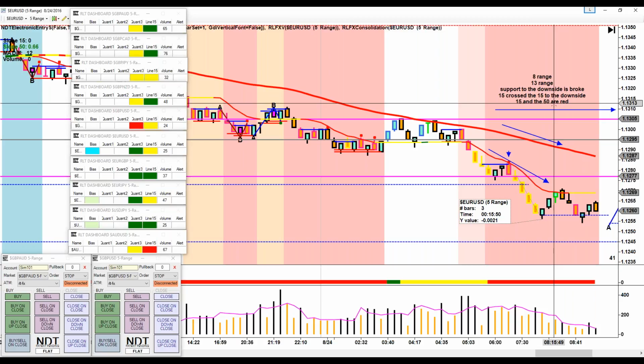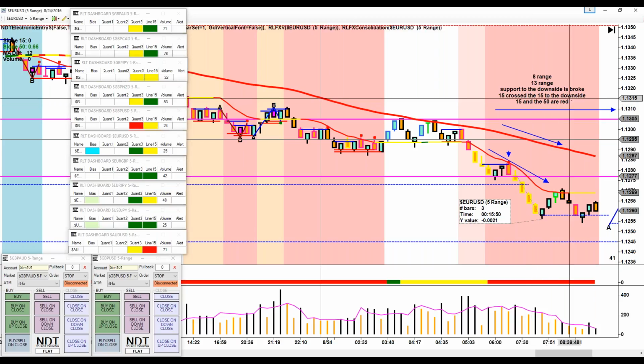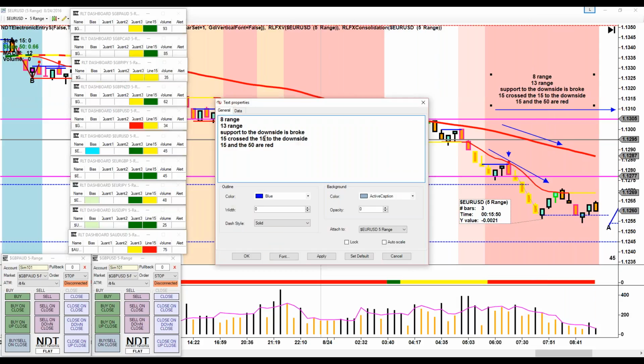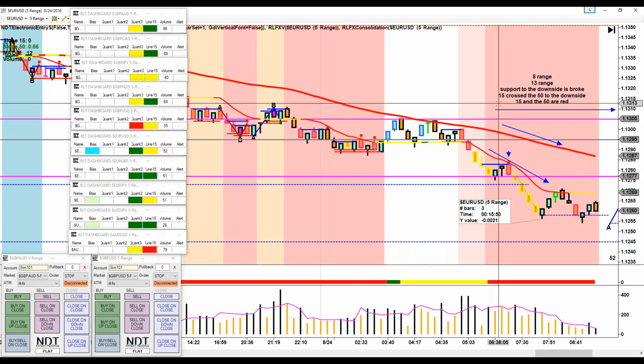The 15 and the 50 are red, but the 15 has not crossed the 50 to the downside yet. And we consider that to be a very important signal and increasing the probability of a win.